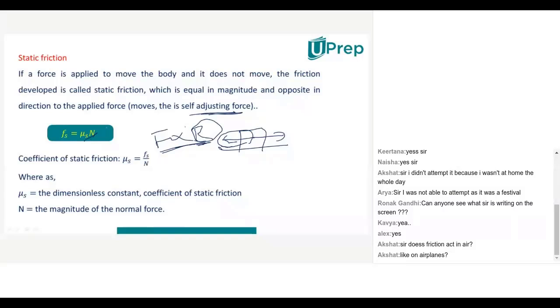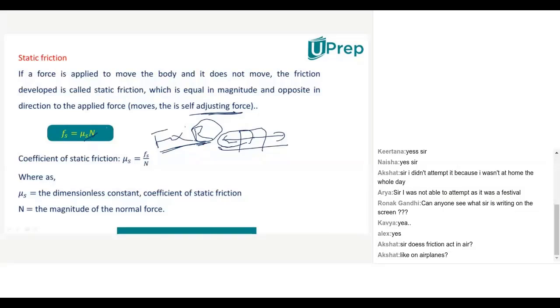Normal reaction. Is it the opposing force acting perpendicular to an object? It is a perpendicular force. Perpendicular force by what?